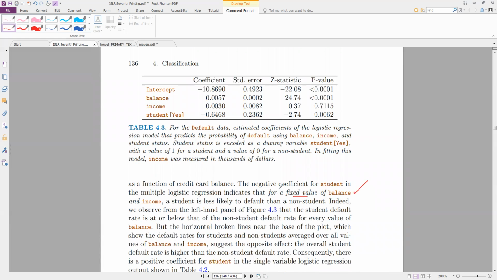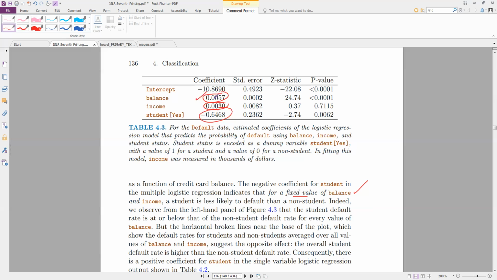One point here, the negative coefficient for student is for a fixed value of balance and income. What does that mean? That's holding balance and income constant. So see, those rules still apply. This is all model specific information, right? When we're estimating these things, it's holding all the others constant. So for the coefficient for balance, for a 1 unit increase in balance, how much does the logit change?